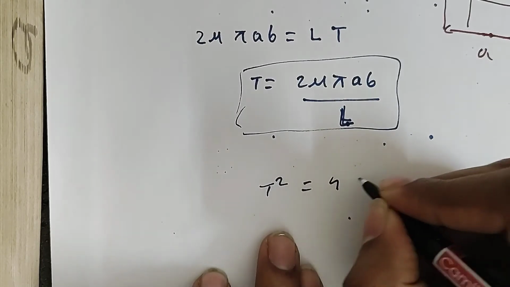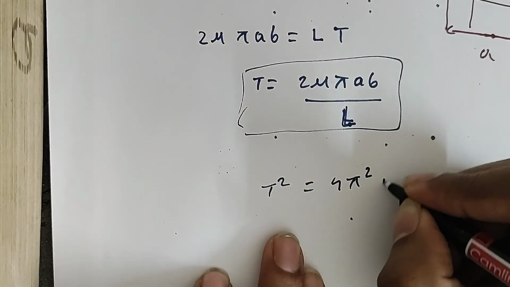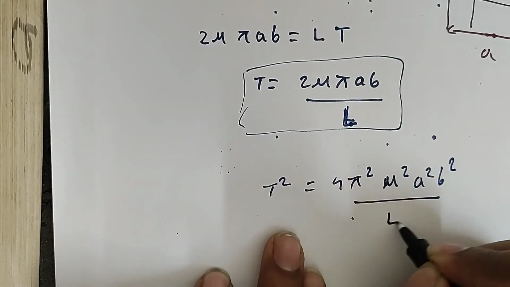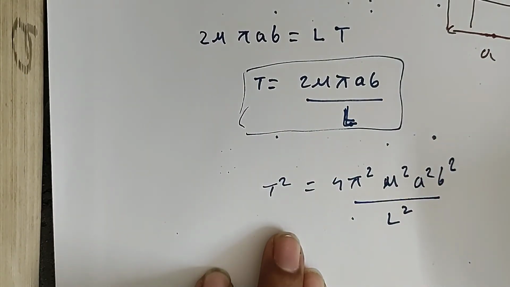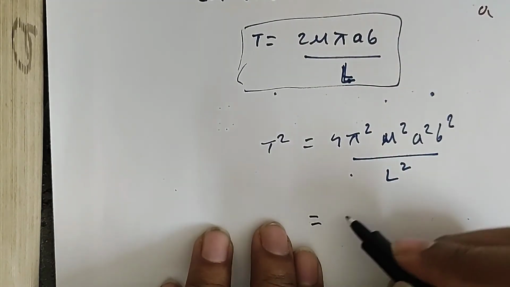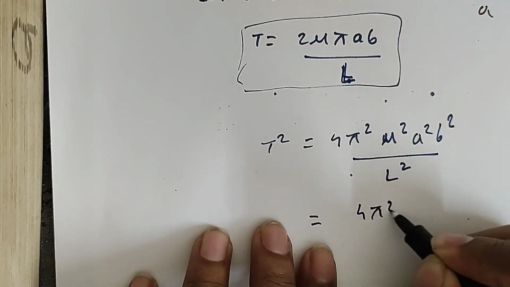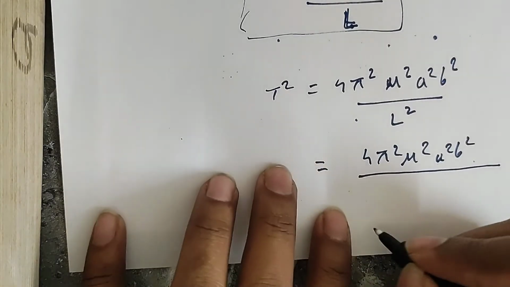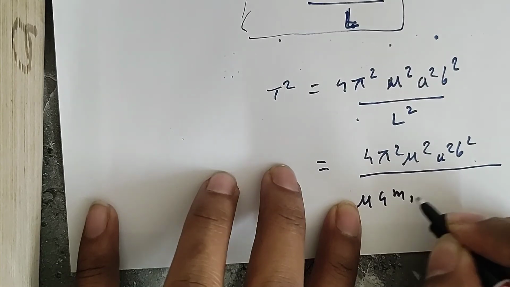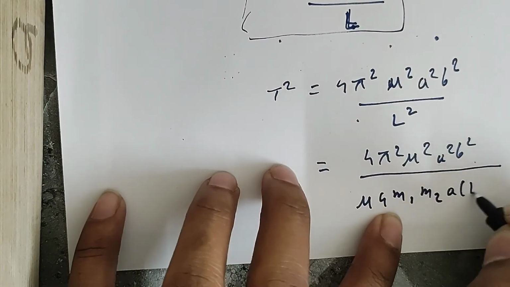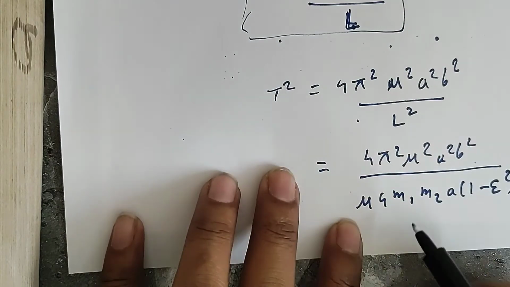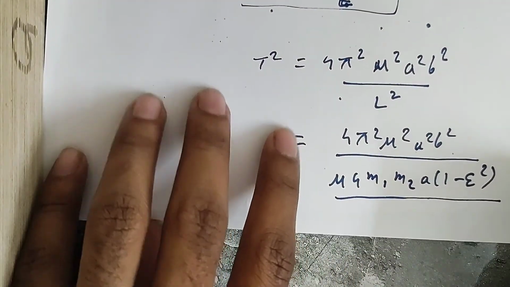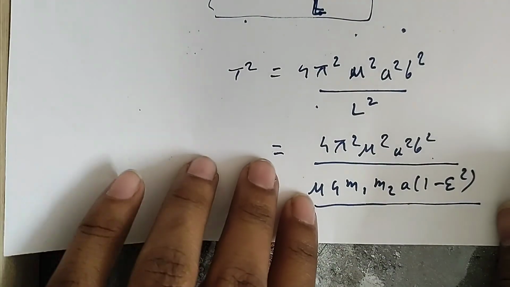So I'll square it. I'll get T square is equal to 4 pi square mu square a square b square upon L square. And my L square can now be written in terms of these constants. If you remember this, I hope you do, because we just did it a couple of lectures back.